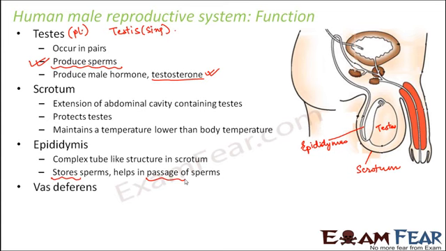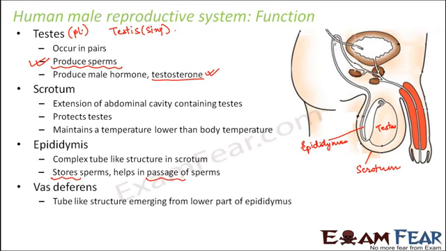Next is the vas deferens. It is like an extension of the tube after the epididymis. It is again a tube-like structure which emerges from the lower part of epididymis. Wherever the epididymis ends, the vas deferens starts, and it extends up to the pelvic cavity. So it keeps on extending till here.